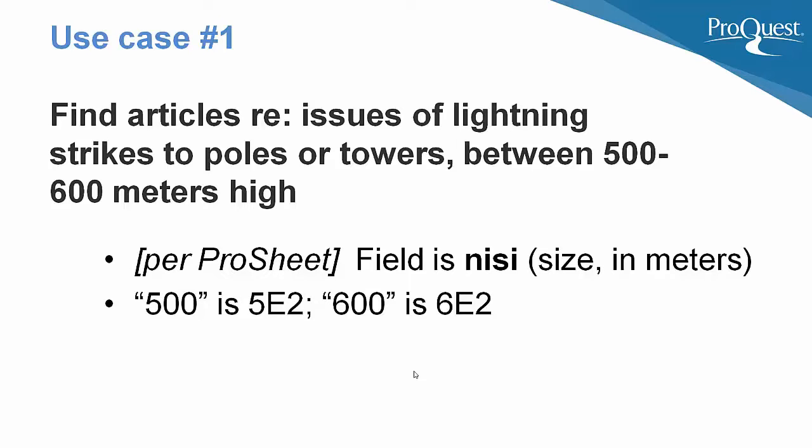Checking the pro sheet, we would see once again that the field we're talking about is NISI for size in meters, and the number 500 would be 5 plus 2 zeros, and therefore in numeric indexing format it would be 5E2, and similarly 600 would be 6E2. So the way we would do this search would be something like this.